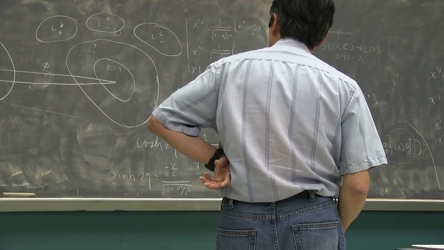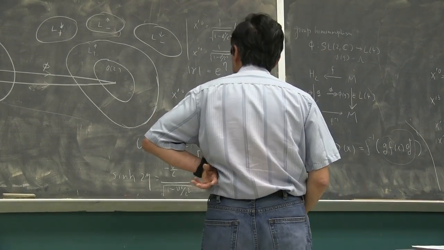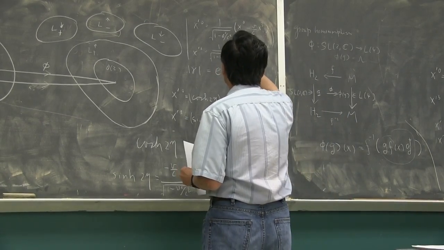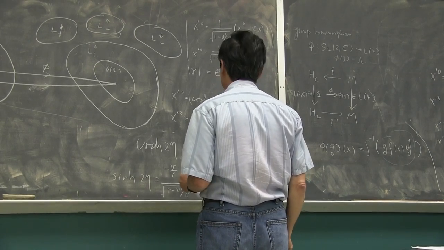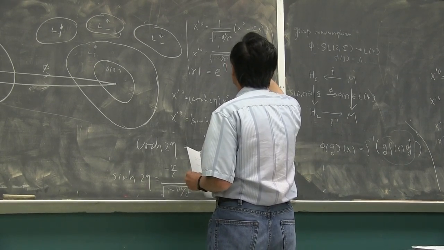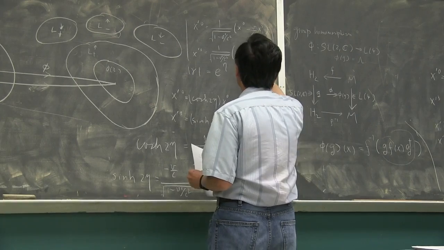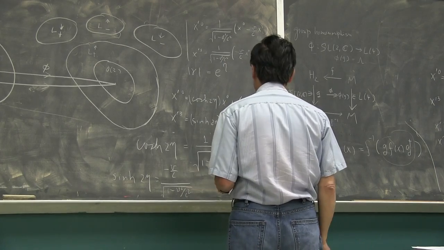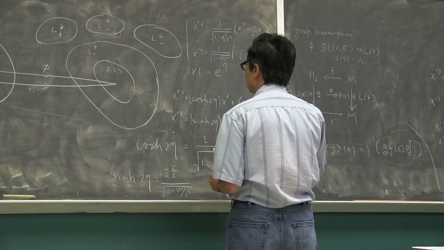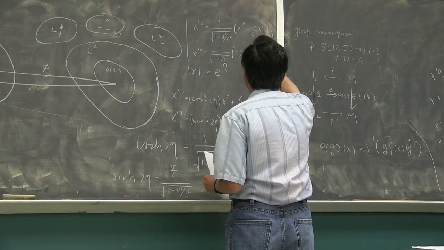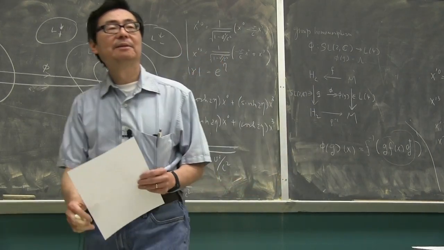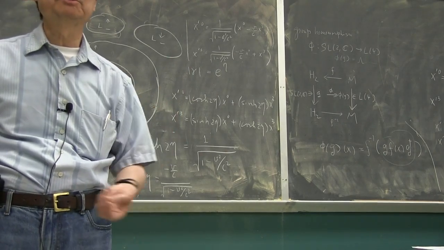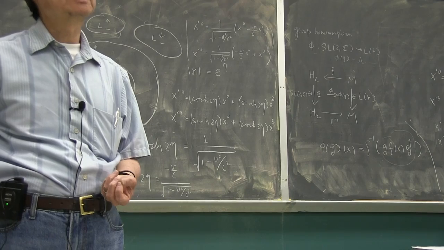Sinh, so sinh was what? Minus v over c x0 plus x3. Cosh is 1 over this. Okay? So now that looks like the ordinary Lorentz transformations that we are used to in physics 234.